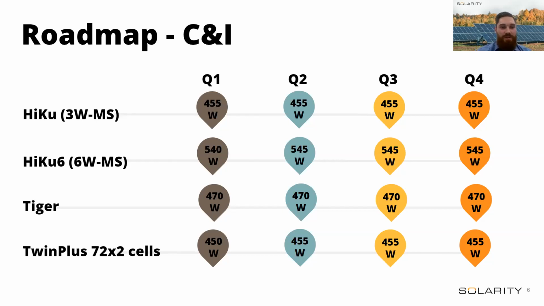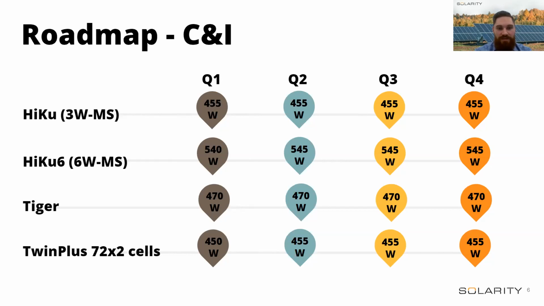So when we are talking about Canadian Hiku and Hiku 6, in Hiku series in first quarter and whole 2022 year, there will be mainstream module 455 watt peak. In Hiku 6, there is for first quarter 540, and the rest of the year it will be 5 watt peaks more, so 545.